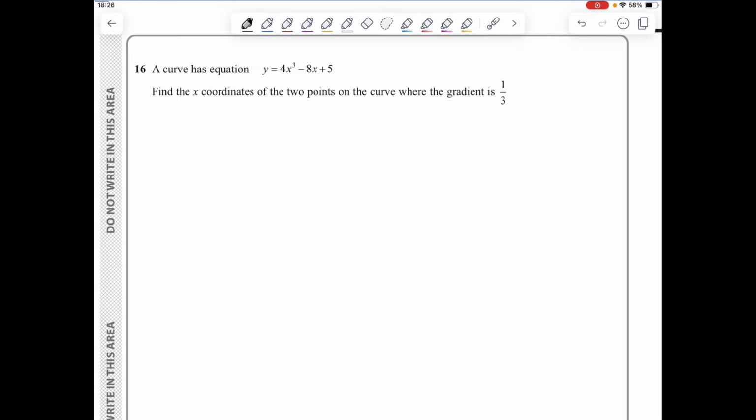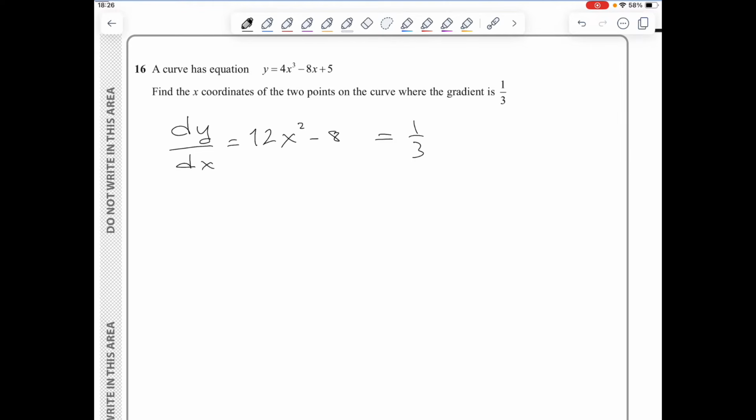For question 16, I have a reference to a gradient of a function that is nonlinear. Therefore, I'll need to proceed to differentiation. So dy dx equals, and in order to differentiate, I'll multiply the power 3 times the coefficient, which is 12x, reduce the power by 1, that's 2, minus 8x becomes just 8, and the plus 5 has a derivative of 0. And now this is equal to the gradient that I'm given, which is 1 over 3, and I need to solve this equation.